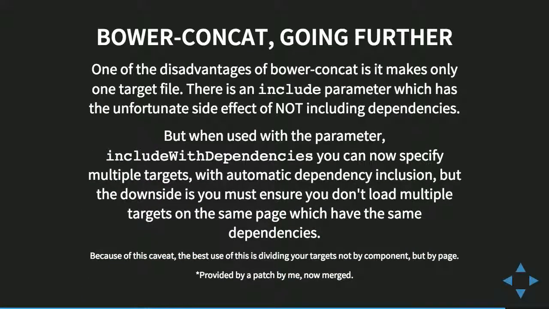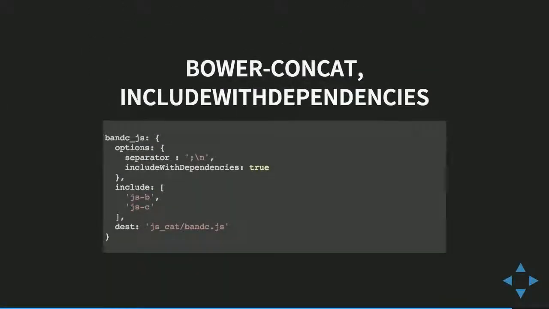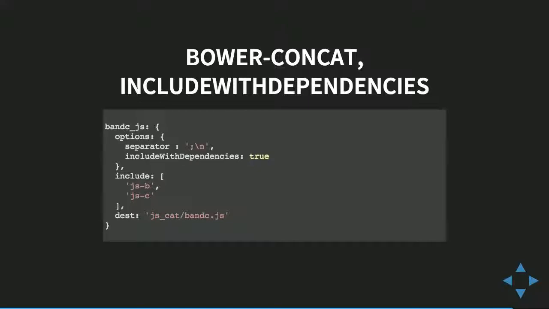You still have the problem that it all goes into one big file, which you may or may not want. So there's this new parameter, include with dependencies, that allows you to split up how the Bower-concat creates the files. So in this case, we're defining this particular task.